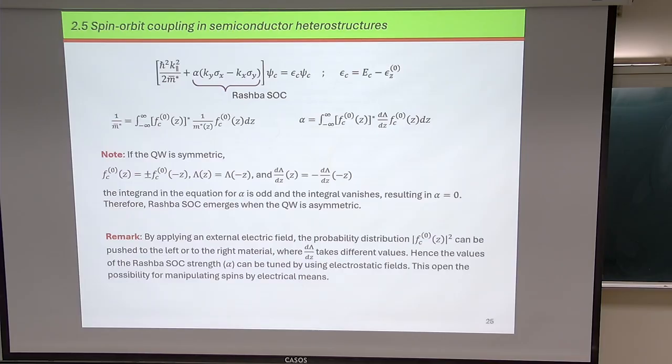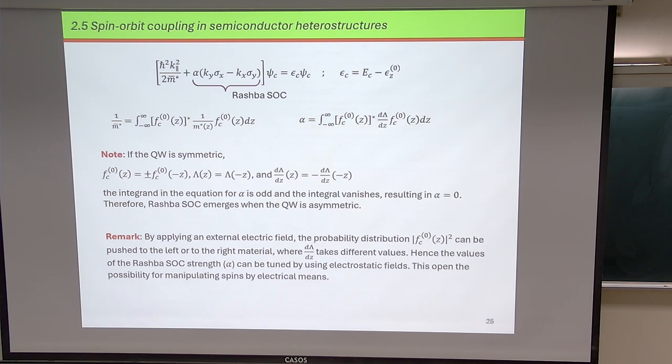So one thing that is important to note here is that alpha is going to be 0 as long as you have inversion asymmetry. If the system is inversion symmetric, alpha is going to be 0, so you won't have this spin orbit. Okay? And you can see this just from symmetry. If the quantum well is symmetric, then the wave functions of the quantum well are either symmetric or antisymmetric.